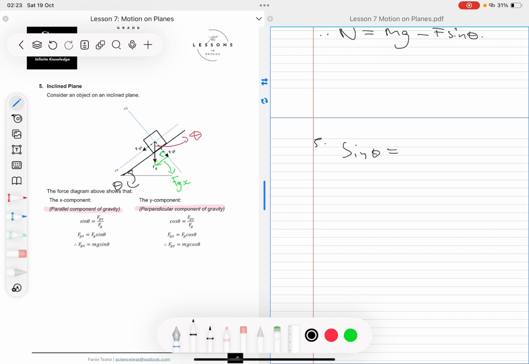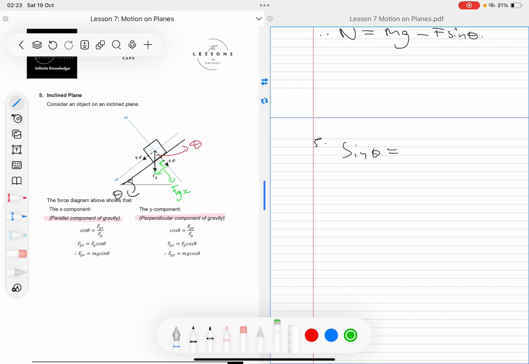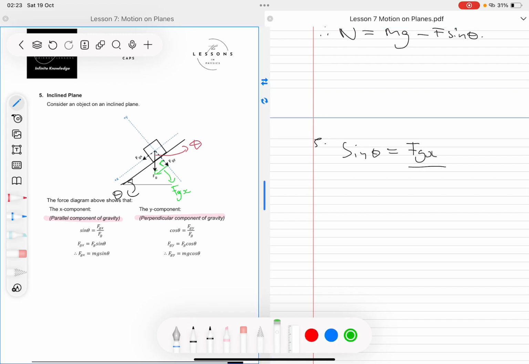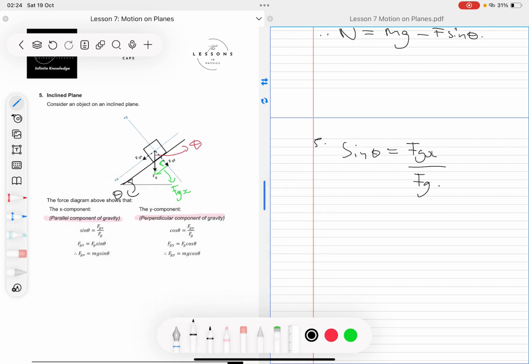Sine of theta will be equal to the opposite side, which is Fgx, over the hypotenuse side, which is this side here, right? And that would be this side here. It's Fg, this one, Fg. Then if I cross multiply, you would see that our x component will be equal to Fg sine theta, right?